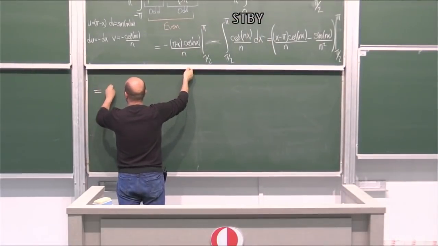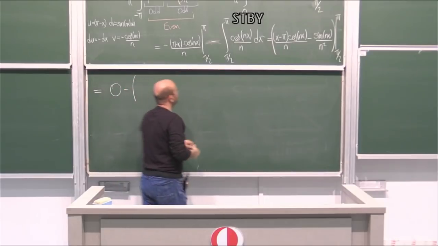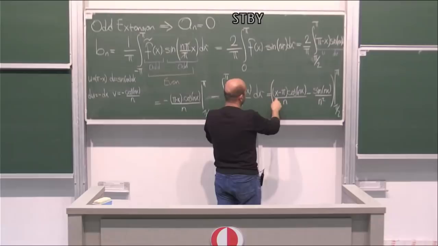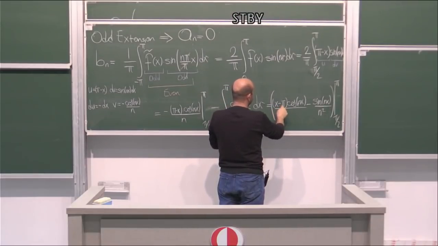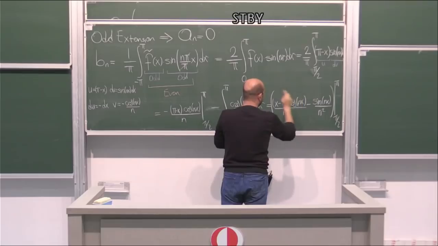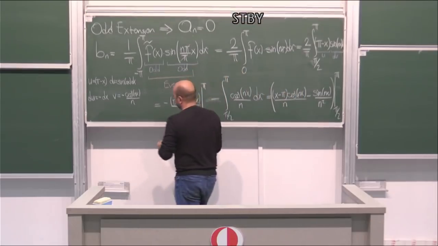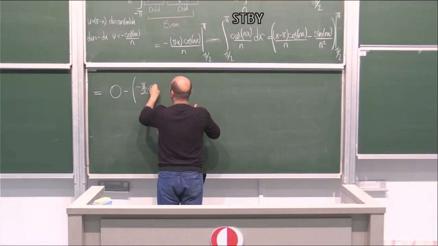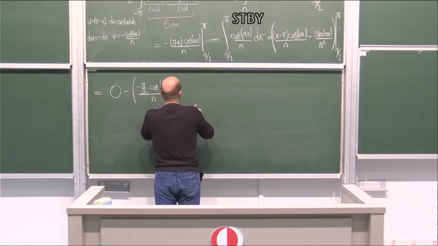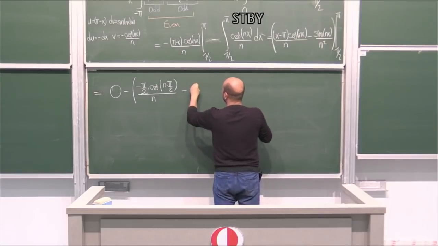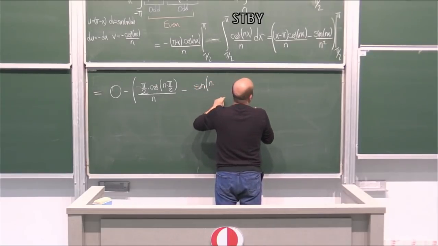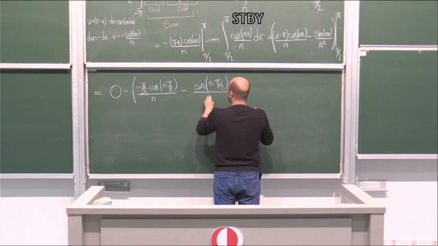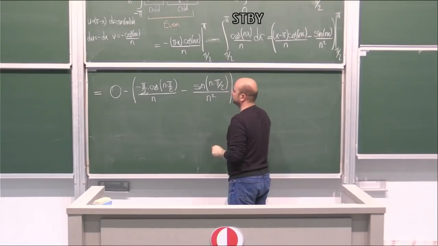So we get 0 minus, now when you plug in pi over 2, pi over 2 minus pi is minus pi over 2. So we have minus pi over 2 cosine n times pi over 2 over n, minus sine n times pi over 2 over n squared. This is what we get.